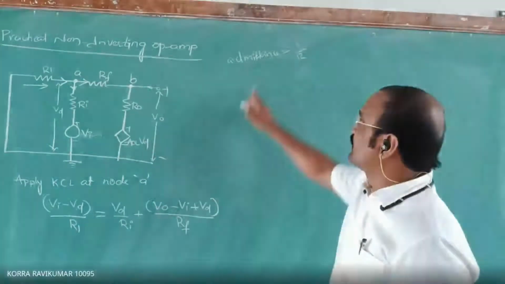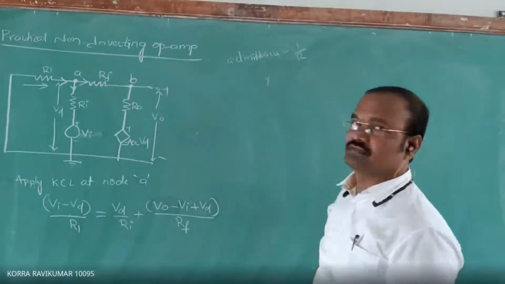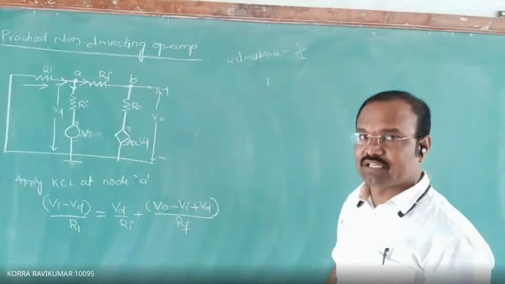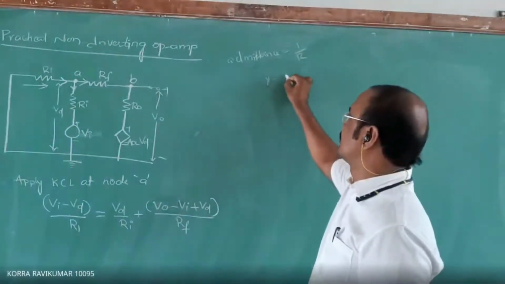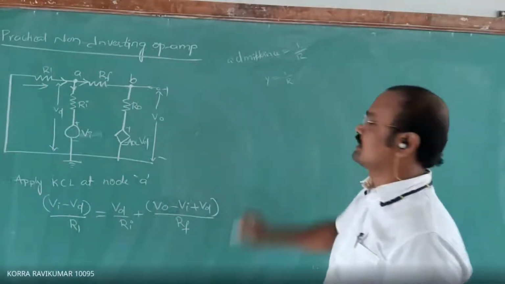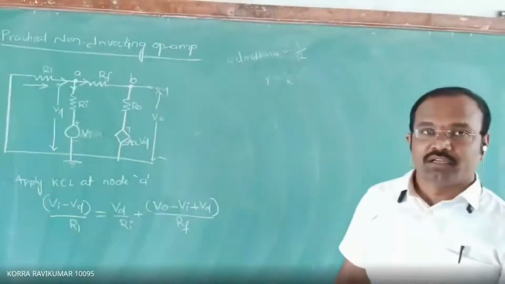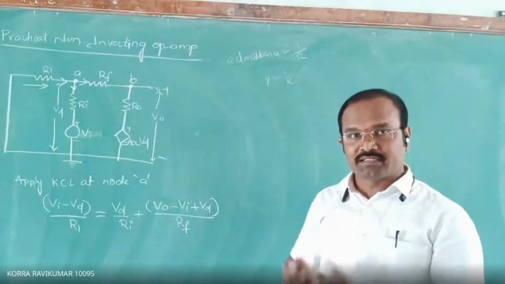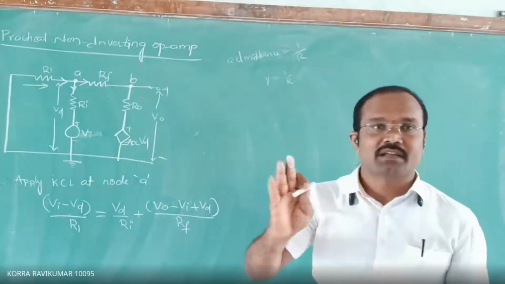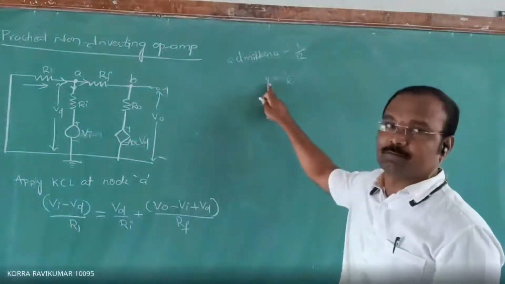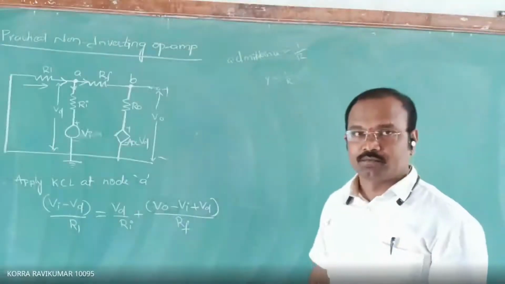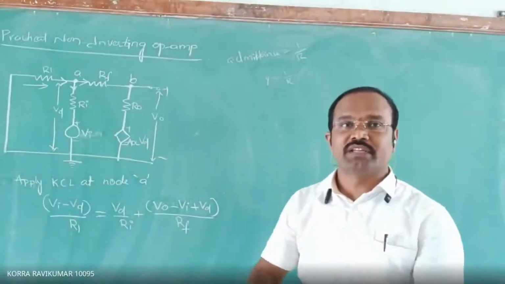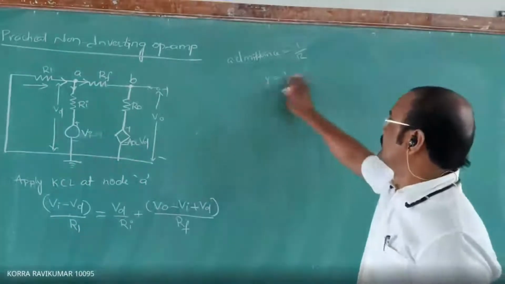We represent admittance with the letter Y. Wherever you find 1 by resistance, replace it with Y, so that the equation becomes very easy to analyze. So let's see.